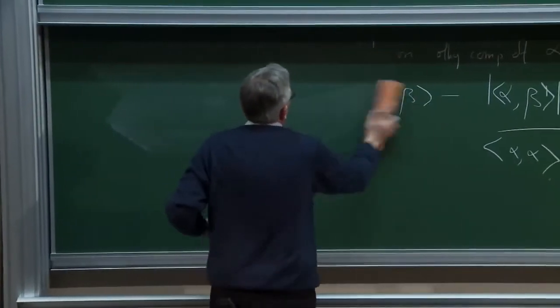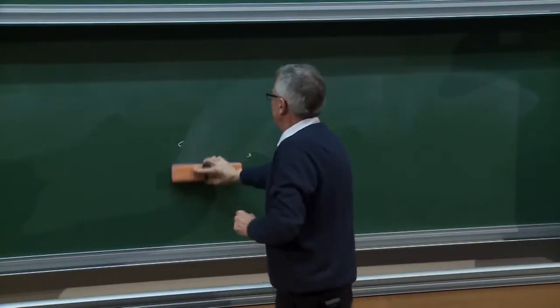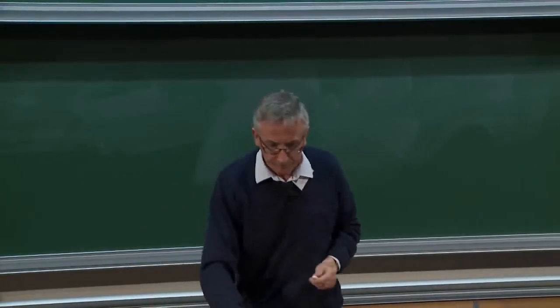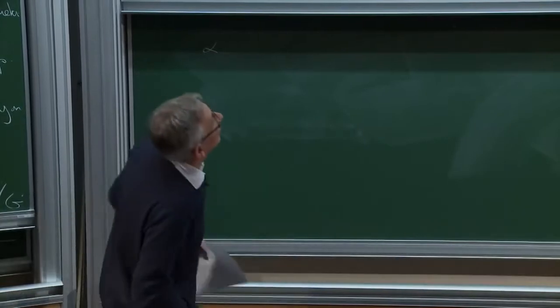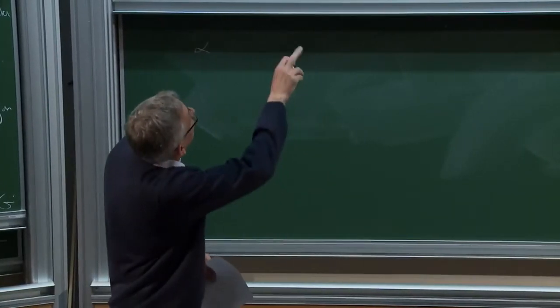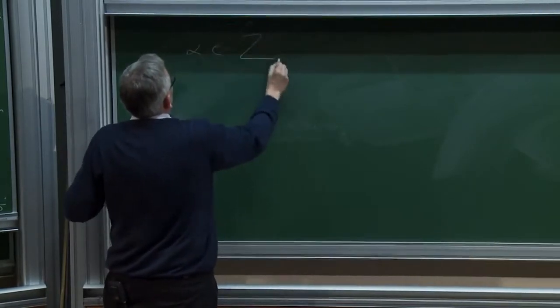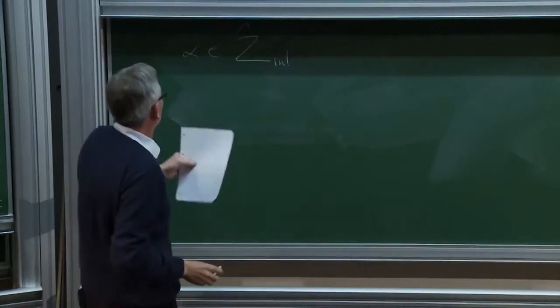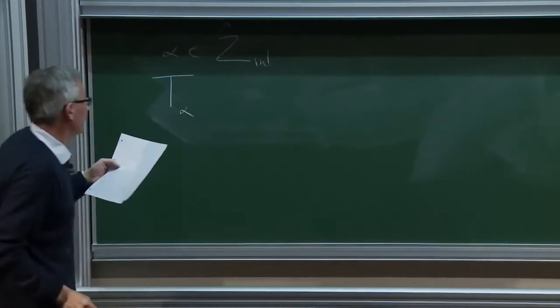More relevant is lemma 2. Let's take now, supposing I have alpha in this, so I have such a form. I can consider the tangent space at alpha of this space.